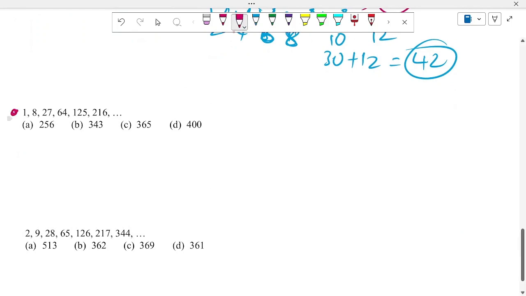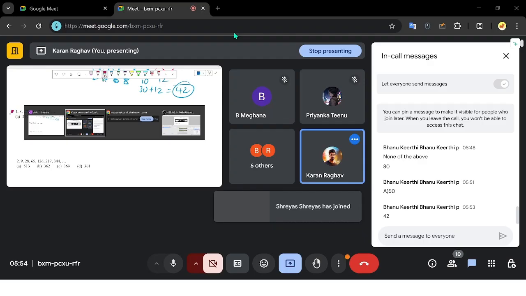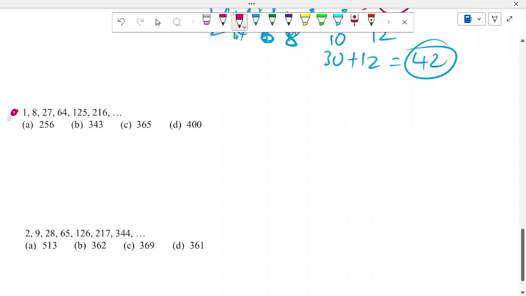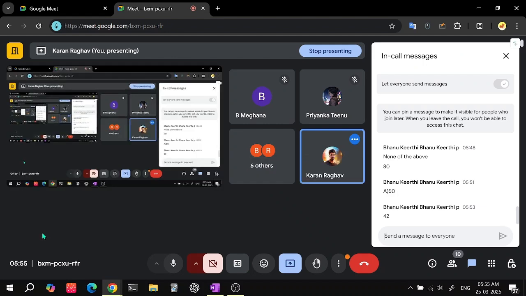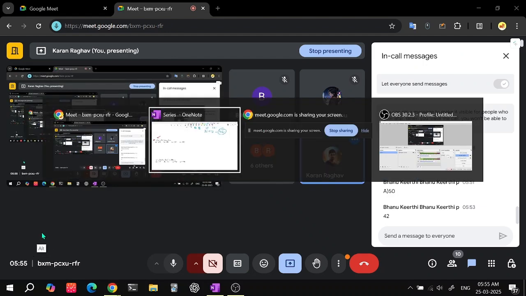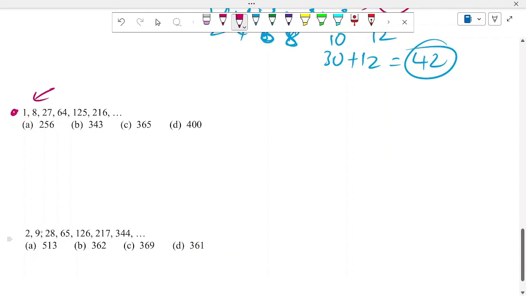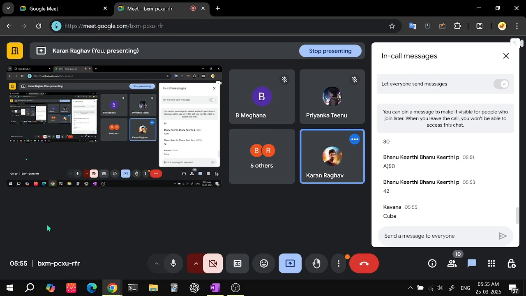Can you tell me what the series is? Look at this series carefully and tell me the series. Yes, they are the cube numbers.